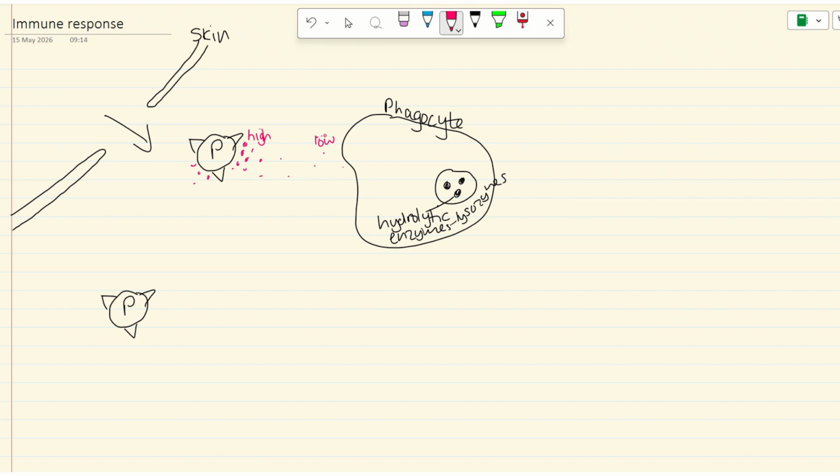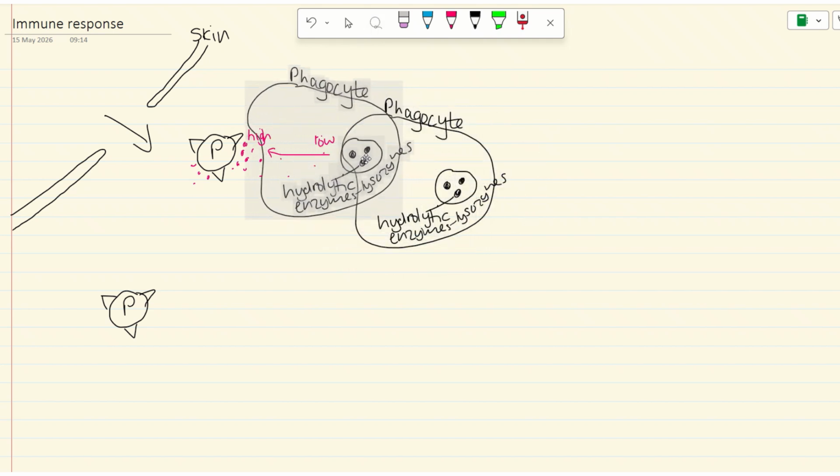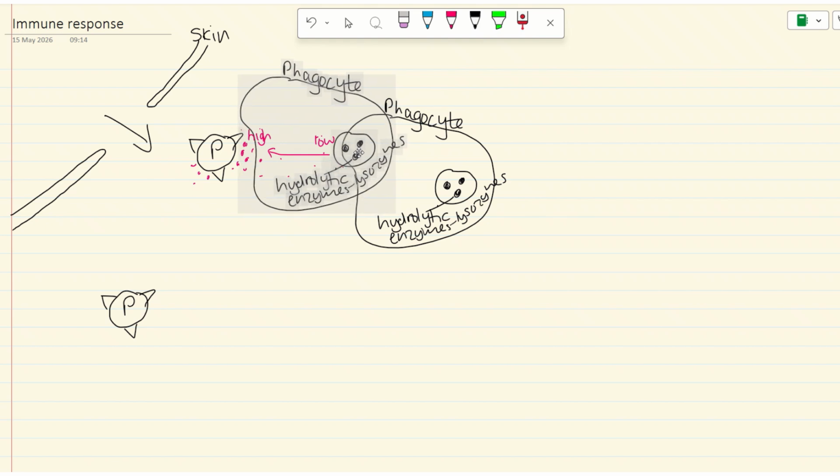And that's enough, because then the phagocyte moves against that concentration gradient. So let's take our phagocyte. It moves against that concentration gradient towards the pathogen that it has recognized as non-self.